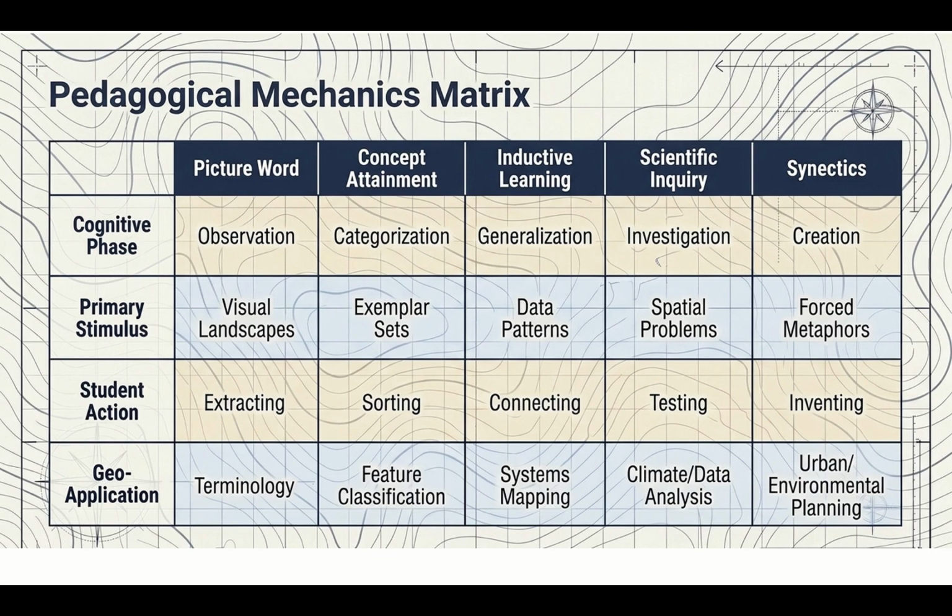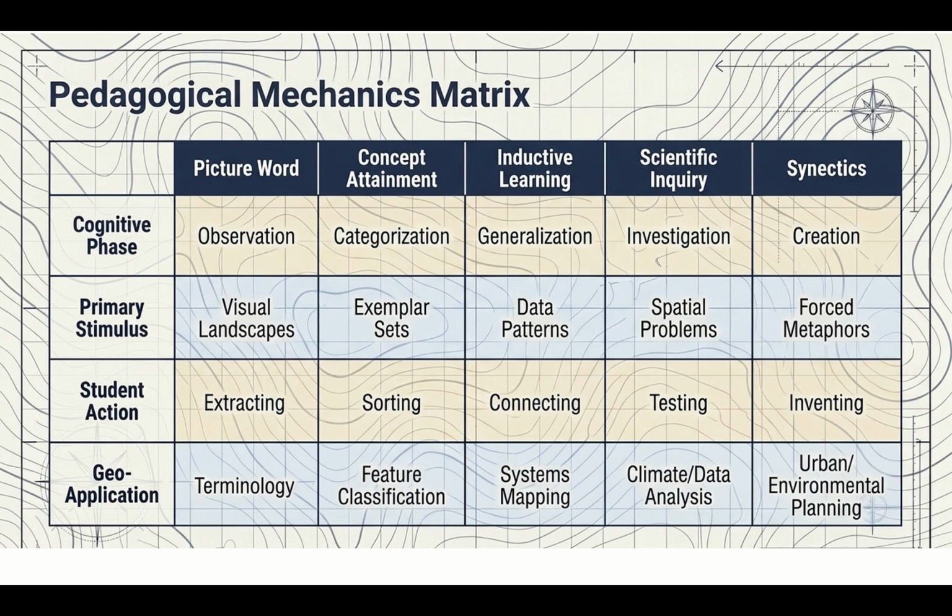Inductive learning supports generalizations. Students connect patterns and develop system maps. Scientific inquiry supports investigations. Students test hypotheses using geographical problems, maps, climate information, and other datasets. Finally, synectics supports creation.